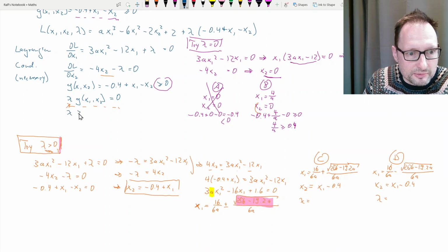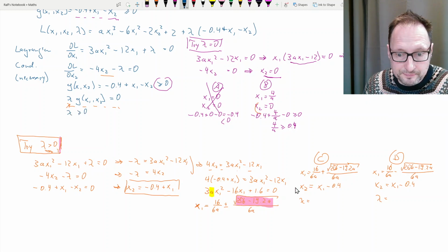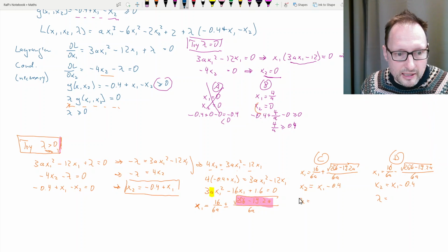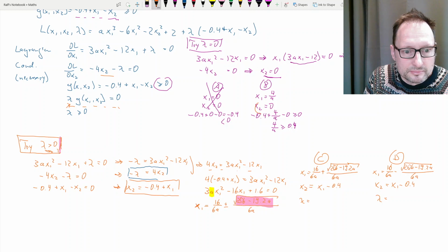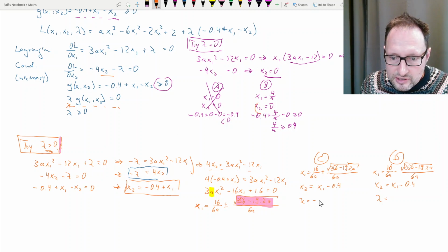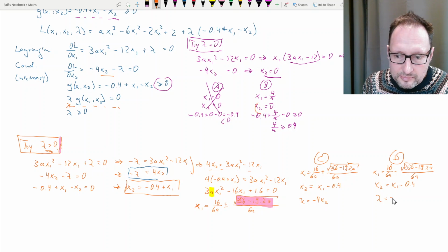Lambda has to be larger or equal to 0. So what is the lambda? Well, we know from here, for instance, that's possibly the easiest relationship for lambda. We know that lambda is negative 4x2. Here the same, negative 4x2.